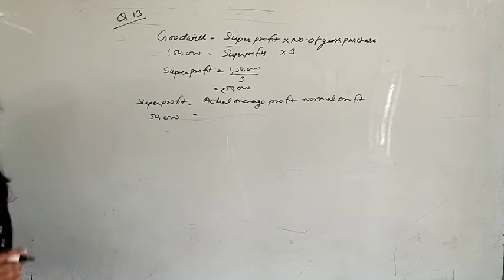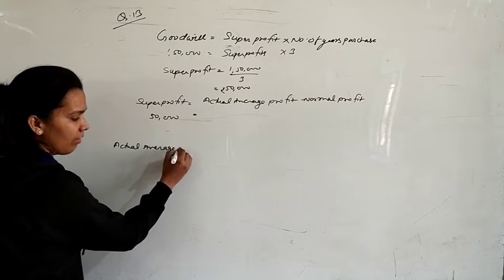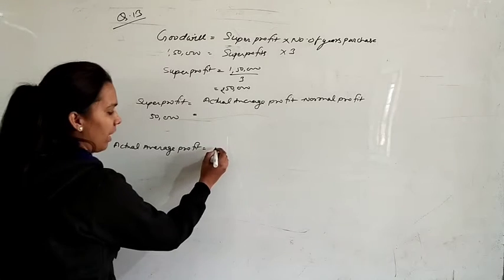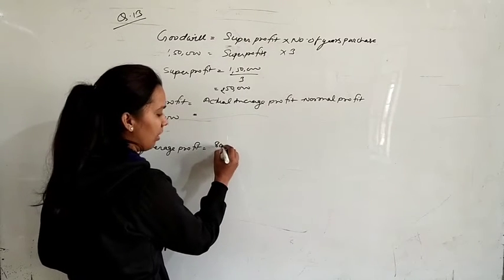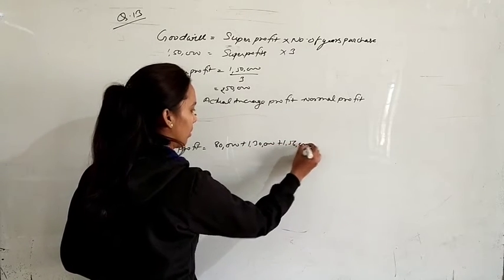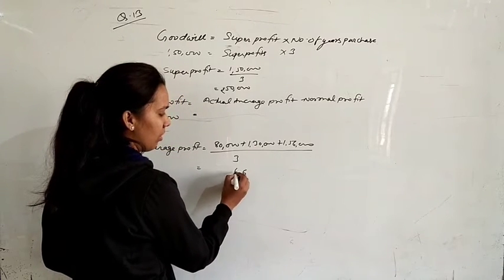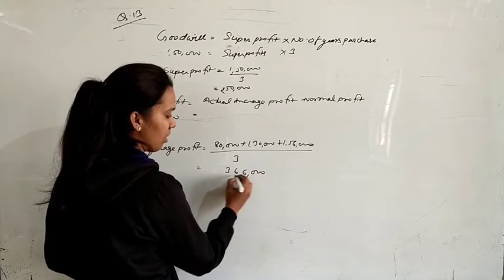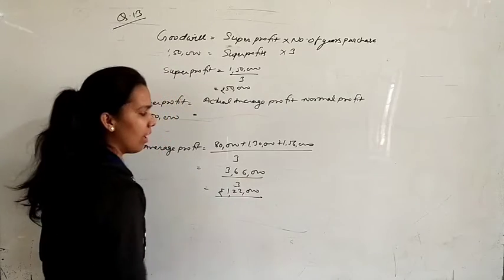Actual average profit, we have the 3 years' profit in the question, so easily we can find actual average profit. First of all just find out actual average profit, that is the average of 3 years: 80,000 plus 1,30,000 plus 1,56,000 divided by 3. So what will be the total of this? 3,66,000 divided by 3 means 1,22,000 is the actual average profit.